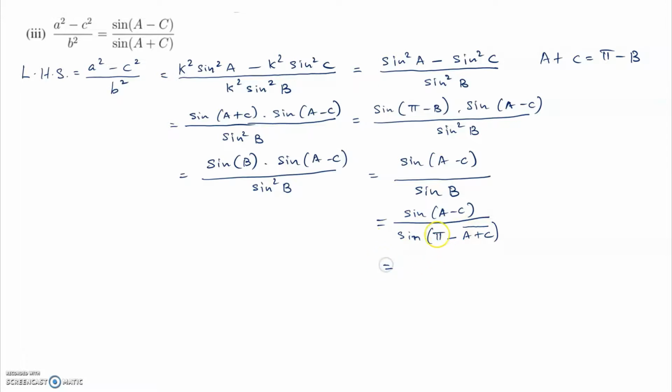So, again sine (pi minus (A plus C)) will be sine (A plus C). So, this is equal to sine (A minus C) divided by sine (A plus C), which is equal to RHS, hence the proof.